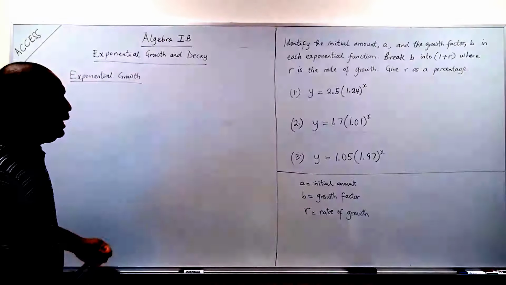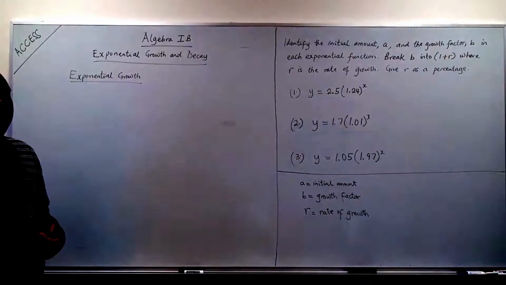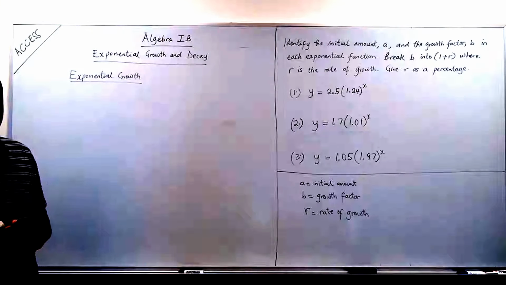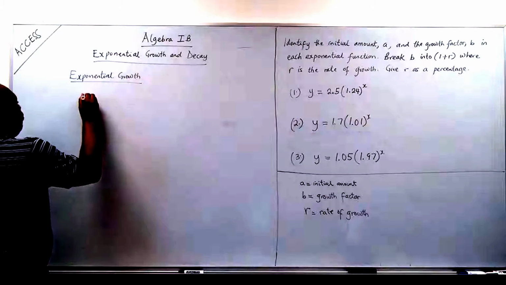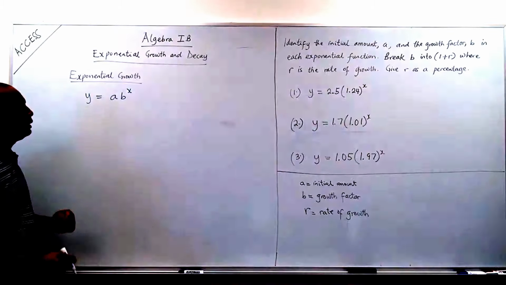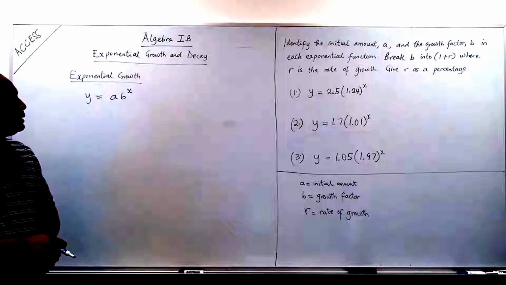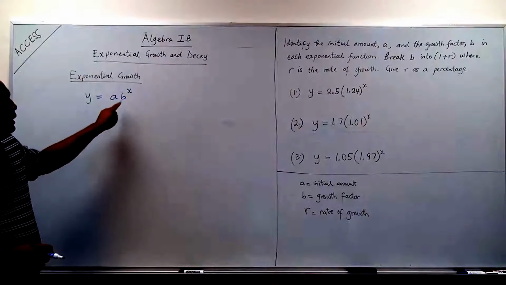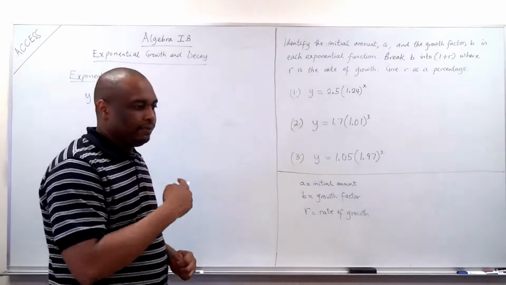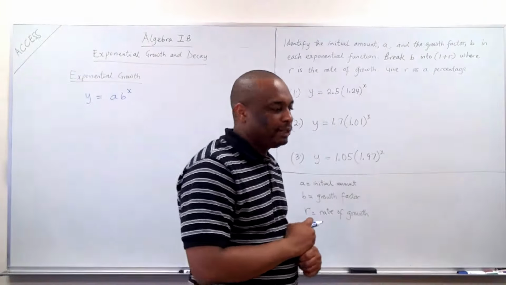Now, we generally have that the formula for exponential growth or decay is y equal to a b raised to power x. Of course, the exponent x is for the growth factor b.